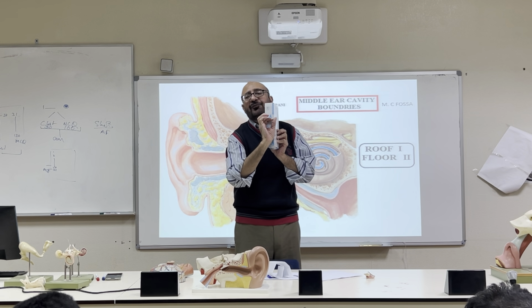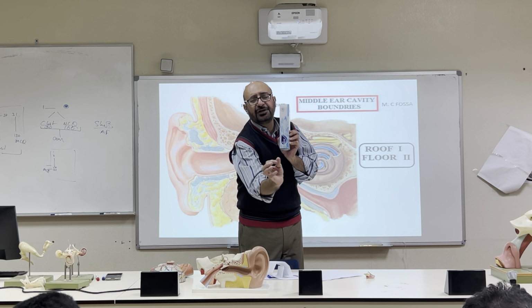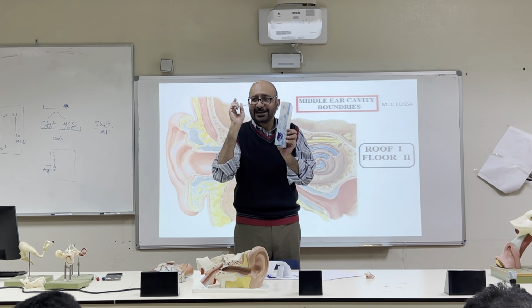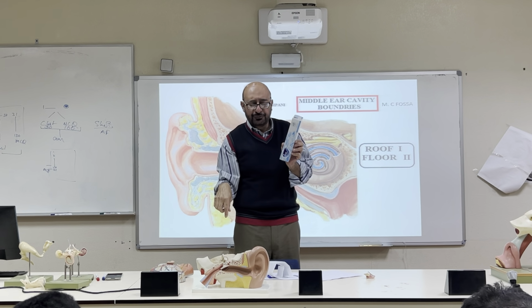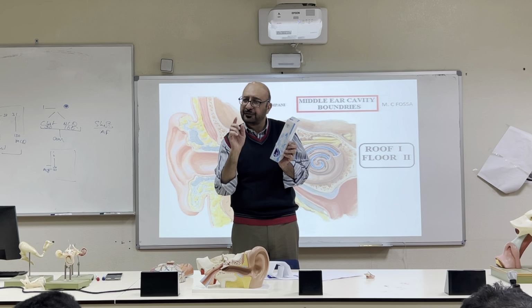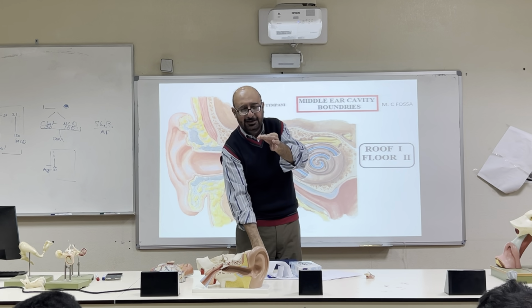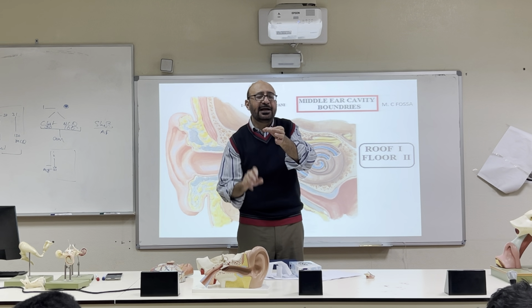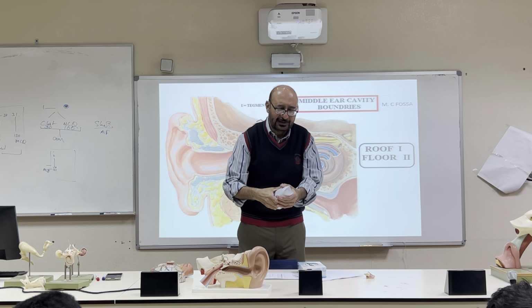Number 2, opening for auditory tube will go into the nasopharynx. Khalas. Number 3, carotid canal. When I was teaching you the skull, I told you carotid foramen, no carotid foramen. I said to you carotid canal, because foramen is a thing like, okay, and carotid canal is a track like this.